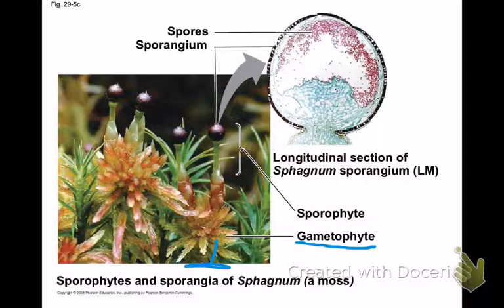And then at the tip of that leafy stalk, you will form either antheridia that produce sperm cells by mitosis, or archegonia, which produce egg cells, again by mitosis, because the gametophyte is haploid.